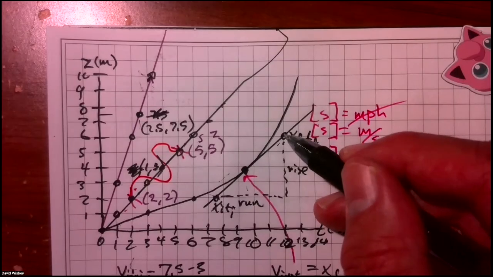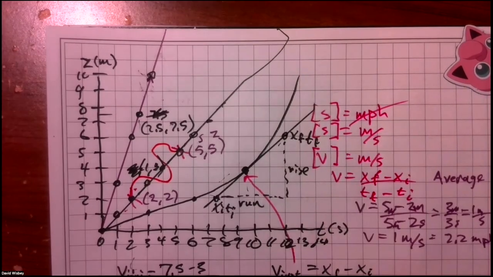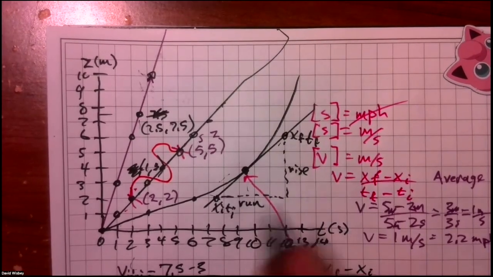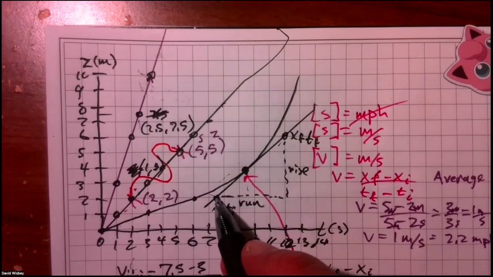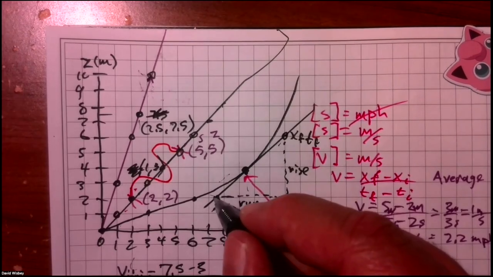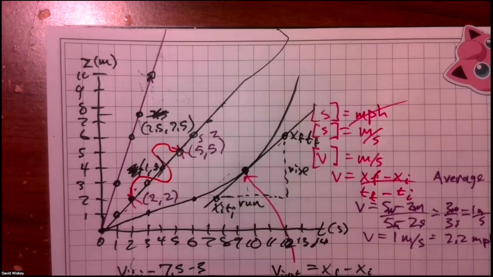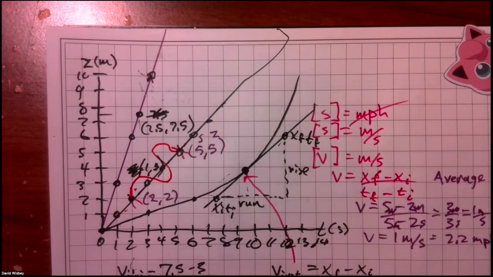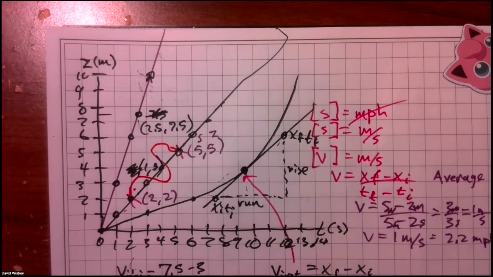My position here is 6 and my time is 12. Over here my position is 2, so this is minus 2, and my time is 7.5. Up on the top, that'd be 4, divided by 4.5.